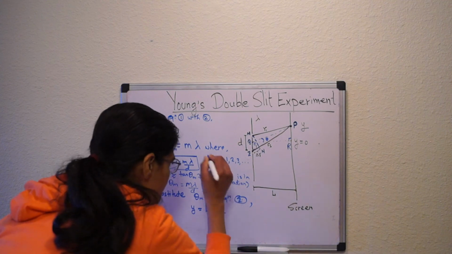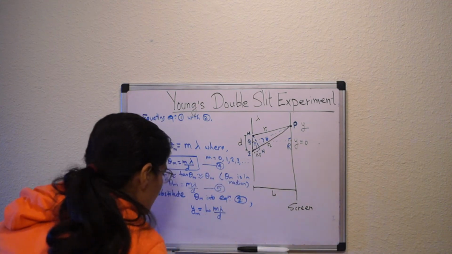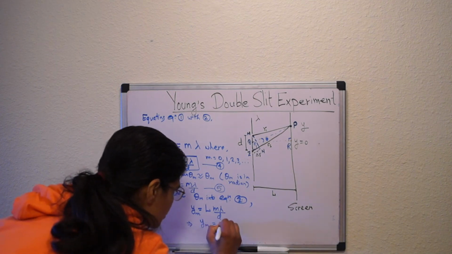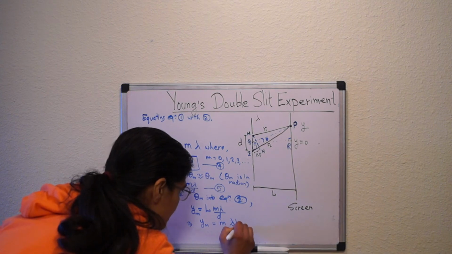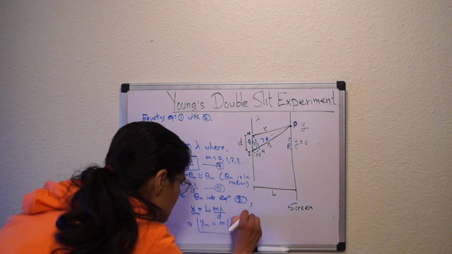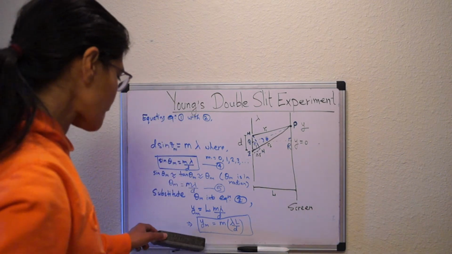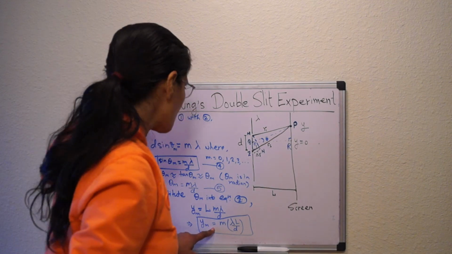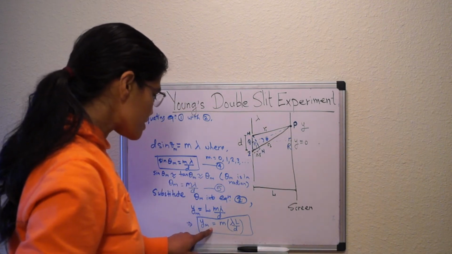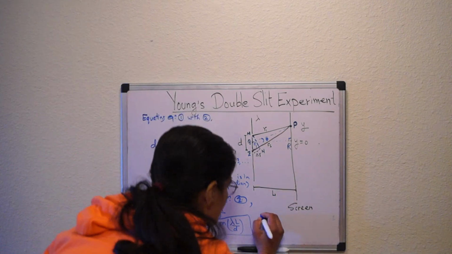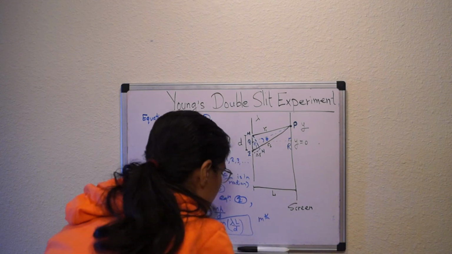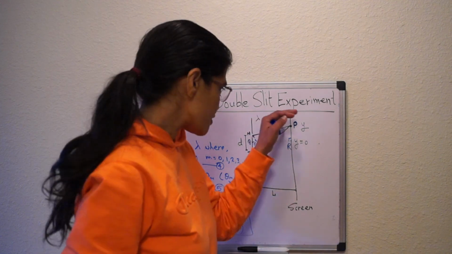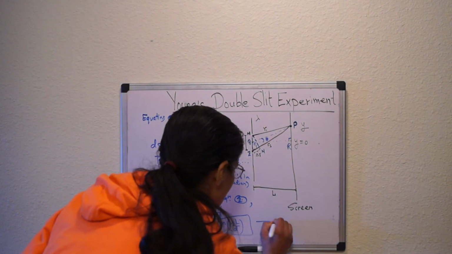Since we are talking about the specific m, I'm going to put a subscript m for y also. So y m equal to m lambda L by d. This equation gives the position of the nth bright fringe in double slit interference. Let's call this number 6.